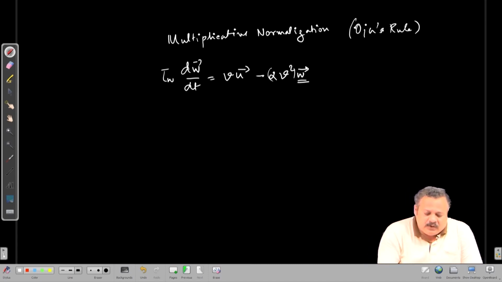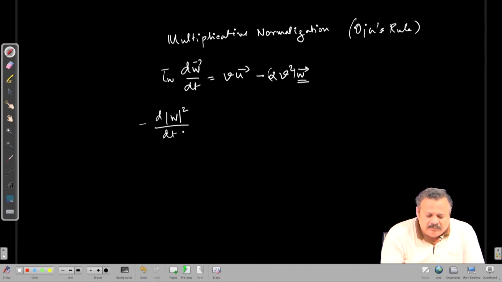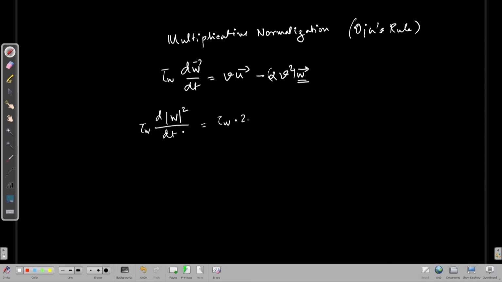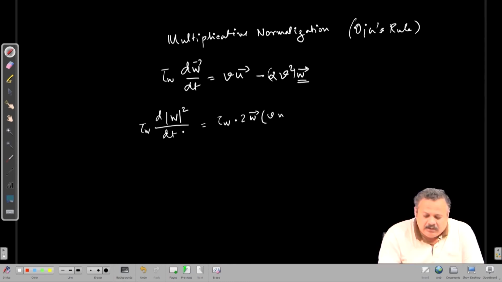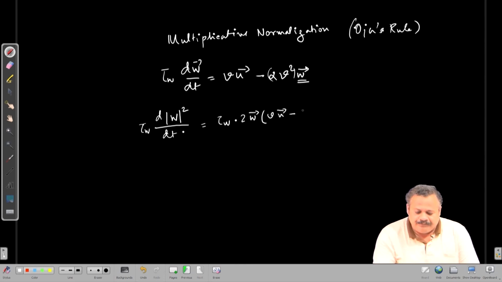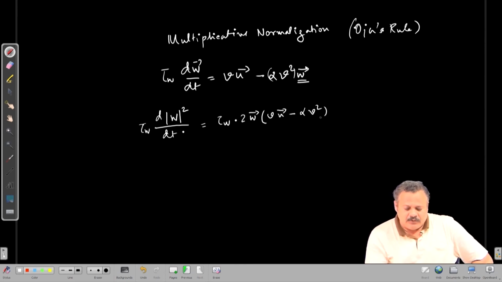Here, if we look at the norm of the weight, the length of the vector, and look at the derivative of it and multiply it by tau w, then what we have again is tau w times 2w and v u minus alpha v square w.